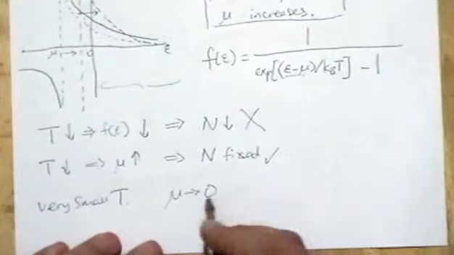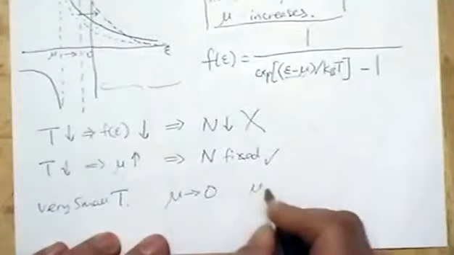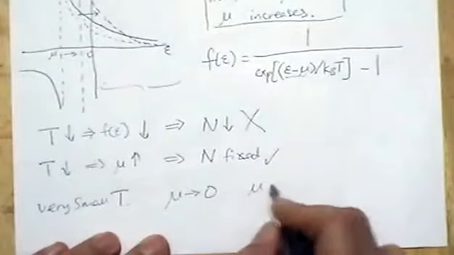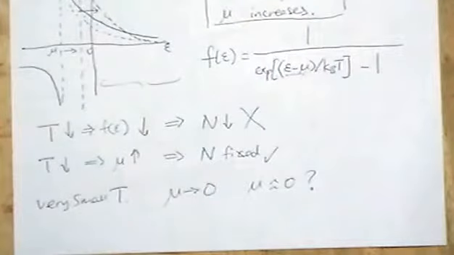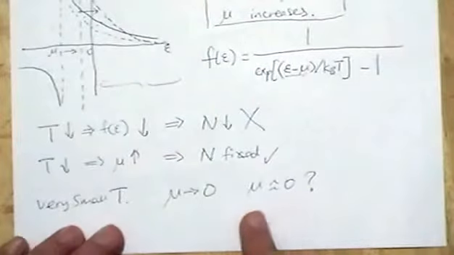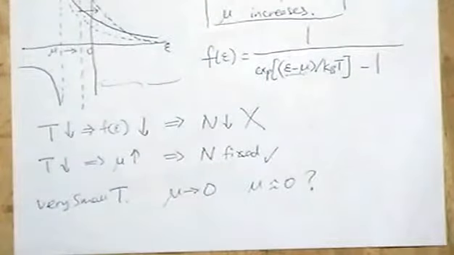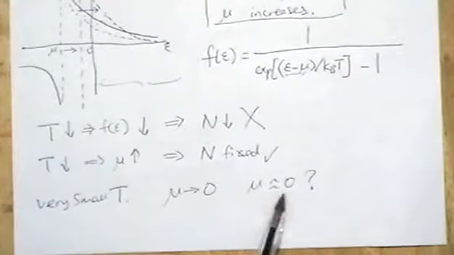So this is a possibility. Mu so close that mu becomes approximately zero. Now we'll have to justify this afterwards, but for now, let's assume that at some point mu does indeed become zero.